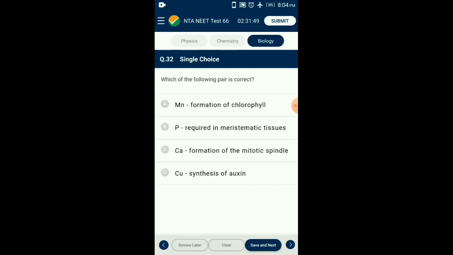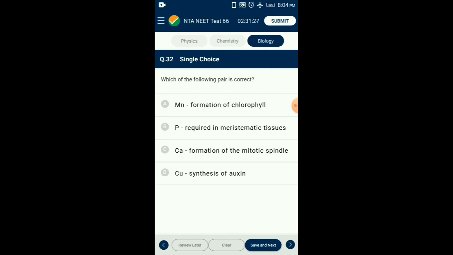Question number 32. Which of the following pair is correct? Plant absorbs calcium from the soil in the form of calcium ions. Calcium is required by meristematic and differentiating tissues. During cell division, it is used in the synthesis of the cell wall, particularly as calcium pectate in the middle lamella.